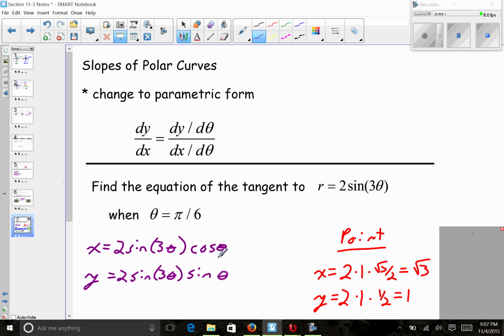And then the cosine of pi over 6 is radical 3 over 2. Multiply that out, I get the x-coordinate as radical 3. Again, plugging in pi over 6 for theta in the y, I get 2 times 1 times a half, which is 1. So my y-coordinate is 1. So here is the point this is passing through.